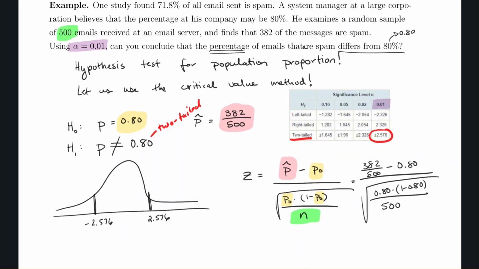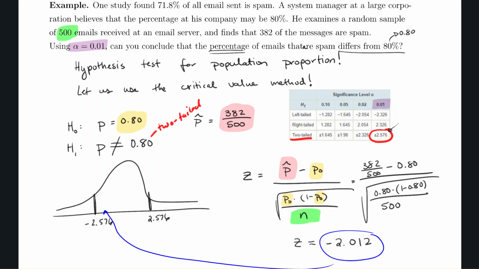Now we will type this into the calculator, and since this has 3 decimals, we want to compare them correctly. I'll need to round this next one to 3 decimals. And we get a z-score of about negative 2.012.